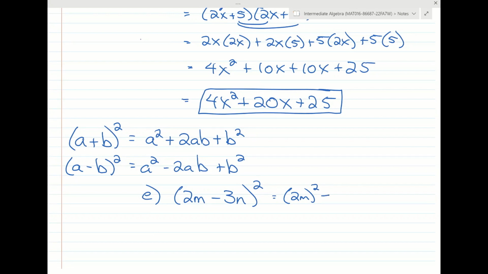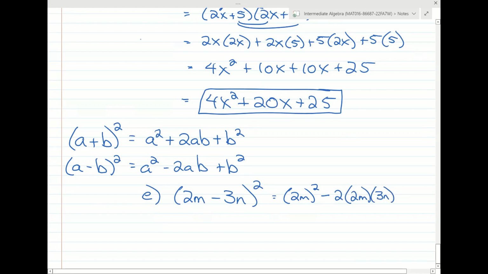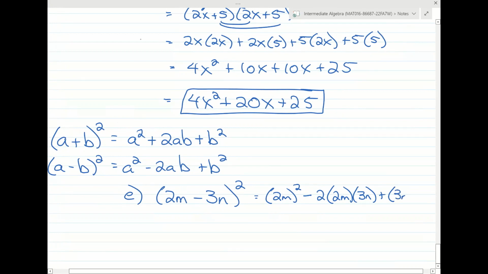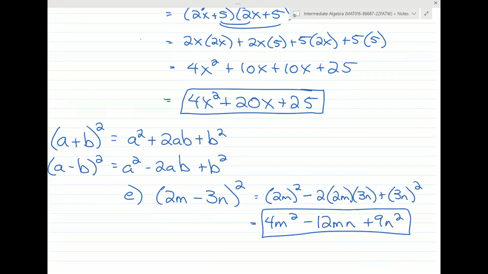We're going to do a minus 2 times 2m times 3n. And then the last term squared, which would be 9n squared. 2 times 2 is 4, times 3 is 12. So this would be the answer if you use the shortcut.